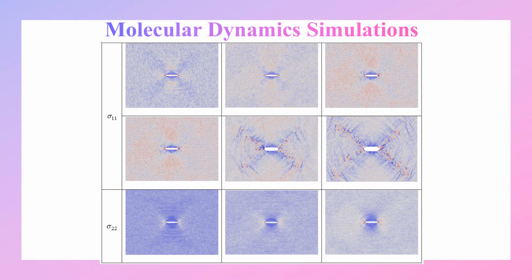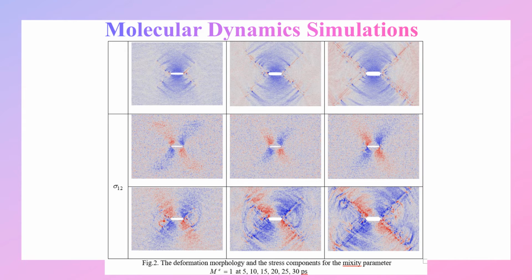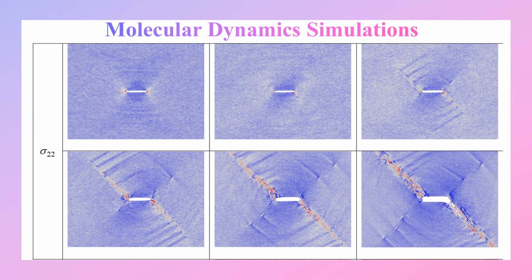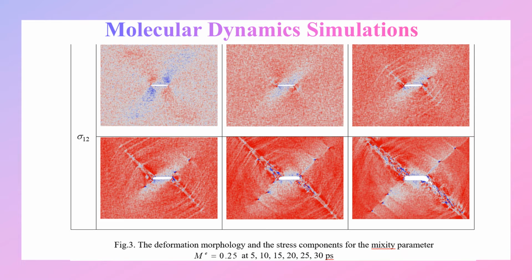You can see the stress tensor components for mode 1. You can see the stress tensor components for the cracked plate under mixed load at 5, 10, 15, 20, 25 and 40 picoseconds.